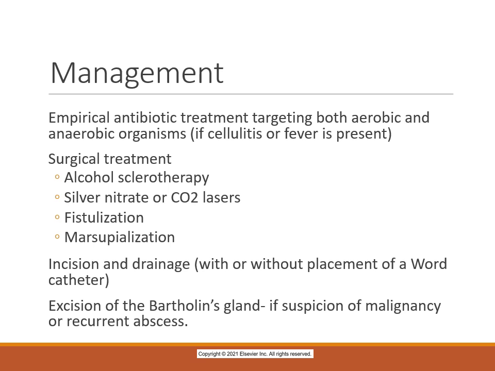Surgical treatment involves alcohol sclerotherapy, silver nitrate or CO2 lasers, fistulization, marsupialization, and we'll talk a little bit about these, as well as I&Ds with or without placement of a Word catheter. Excision of the Bartholin gland should be done if malignancy is suspected or recurrent abscess is present, and that's when they will be hospitalized, or referral is definitely necessary to the appropriate GYN or surgeon.